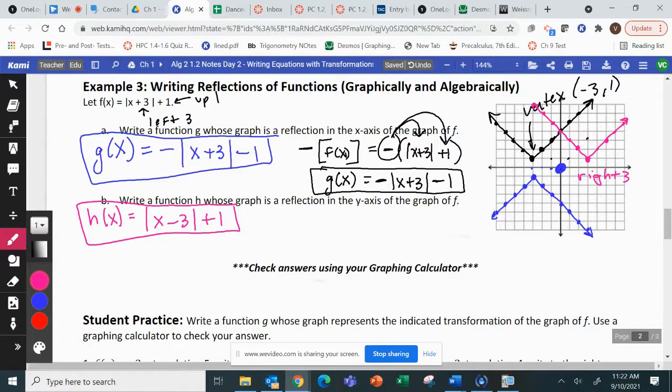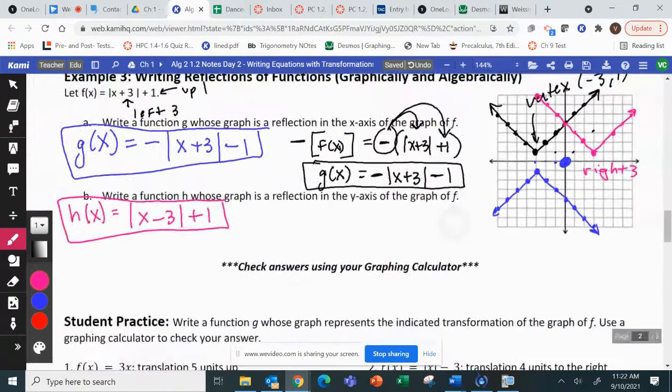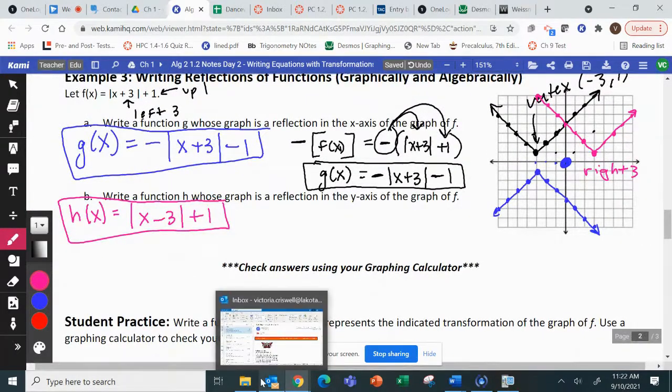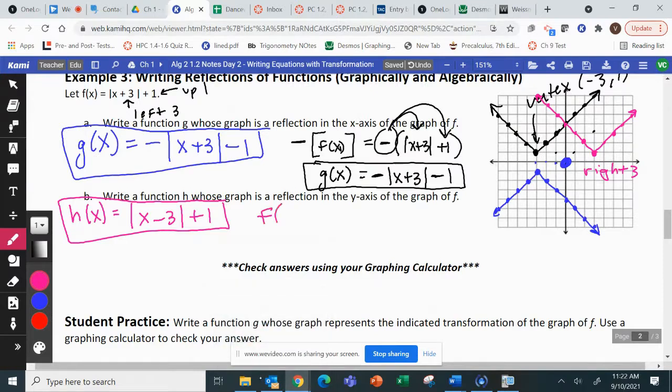So when we do reflection in the y-axis, that's a horizontal reflection. So you have to do f of negative x. That's the rule for reflection in the y-axis. The negative goes inside of the function. So we do f of negative x. What does f of negative x mean? Replace x with parenthesis negative x.